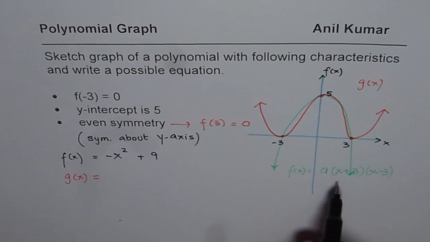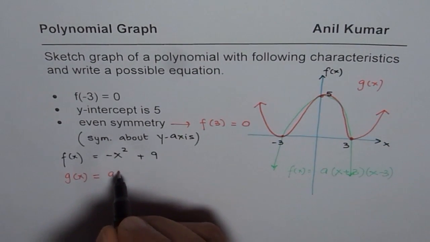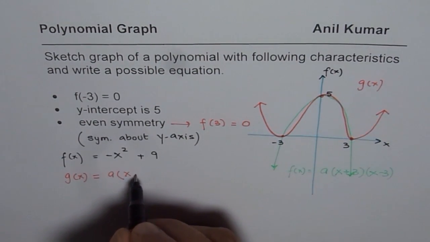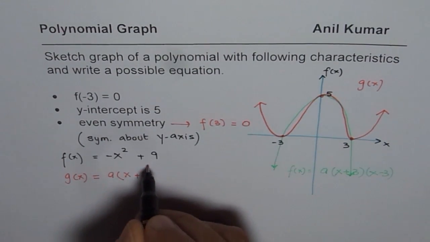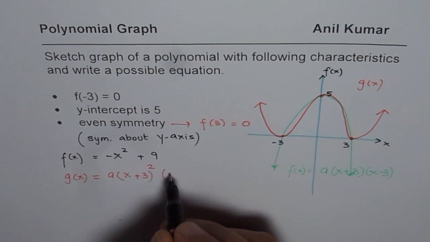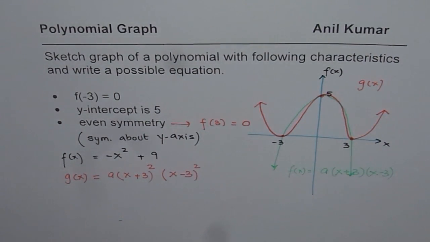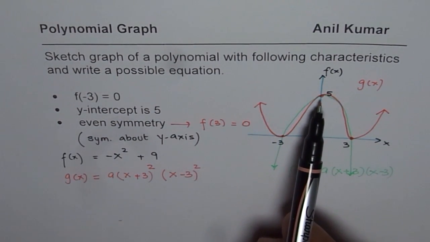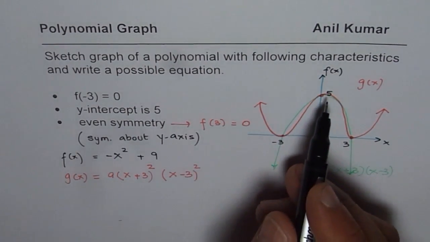Now we'll use this technique to write the equation for g of x. It could be a times x plus 3, that is the first zero, of order 2 since it turns, and at this place x minus 3 of order 2. So we get our function. To find the value of a, we can use the given point, the y-intercept, which is at x equals 0, where we have 5.